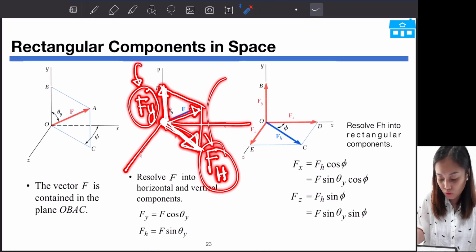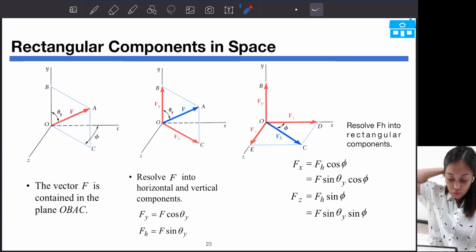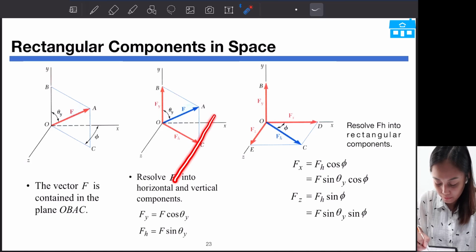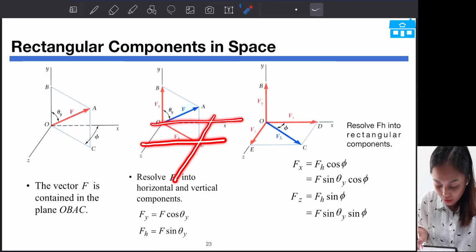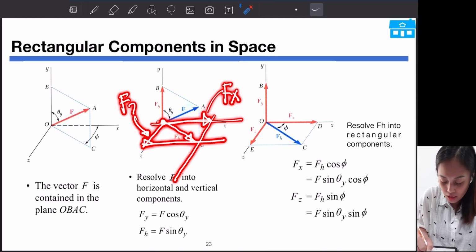So we cannot directly get the X and Z components because of this component FH. We need to resolve FH into its rectangular components to get the FX and FZ of the force F. Again, we draw parallel lines, parallel to the Z axis and parallel to the X axis from this point. Therefore, FH can be resolved into its X and Z components. This is FX, and this is FZ.